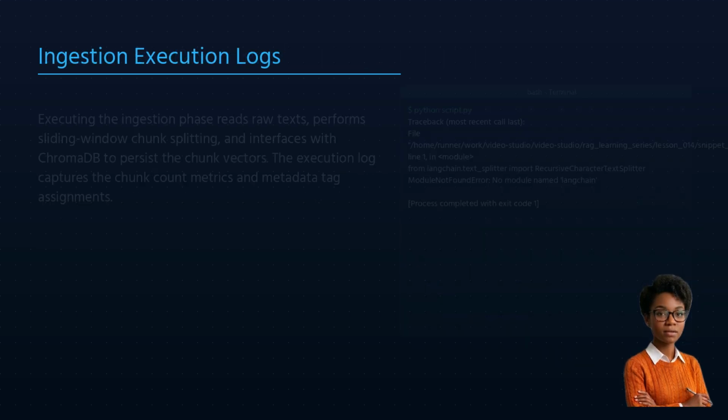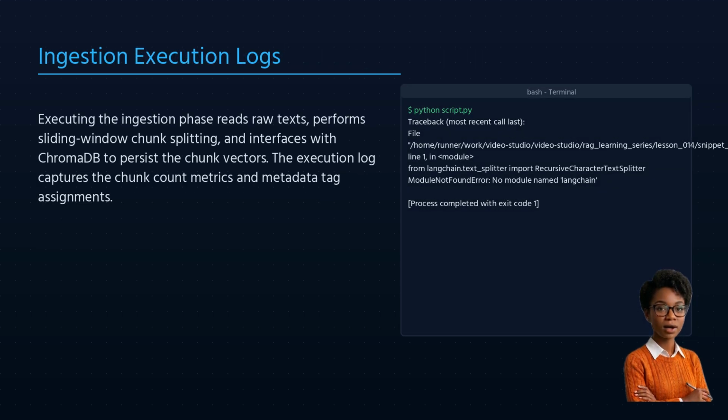Whoops! Looks like we've hit a live debugging moment, which is actually a fantastic opportunity to address a common issue. Our traceback clearly shows a module not found error, no module named LangChain. This simply means the LangChain library, crucial for our text splitting, hasn't been installed in our environment yet. No problem at all.